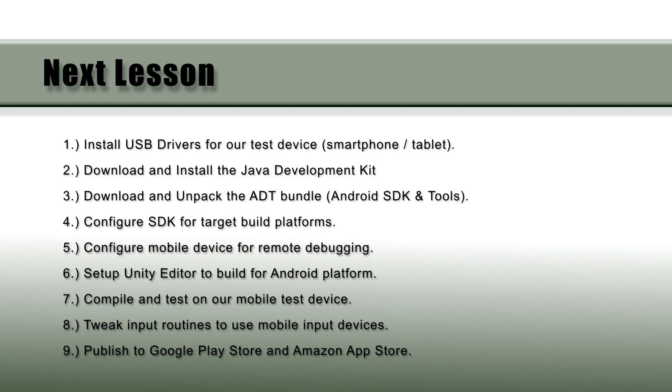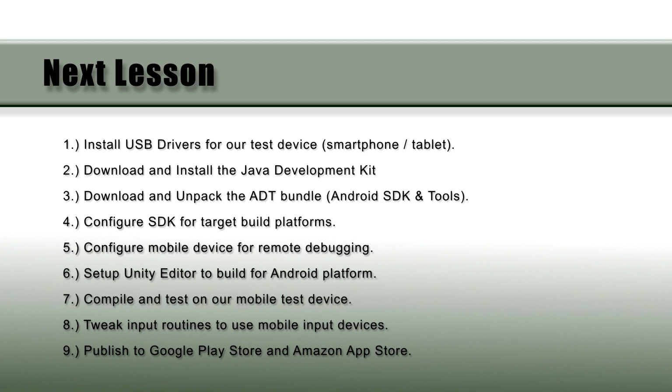So the first thing that we're going to do if we wish to test our game on our actual Android device is install some USB drivers for that device for our development platform. For me, I'm going to have to install the Windows USB drivers for the Samsung Galaxy S2. We're then going to visit Oracle's website, download and install the Java Development Kit.